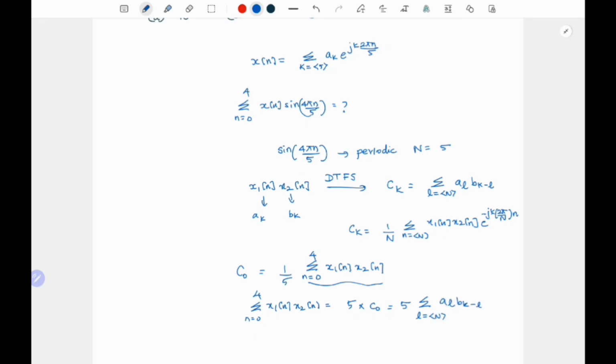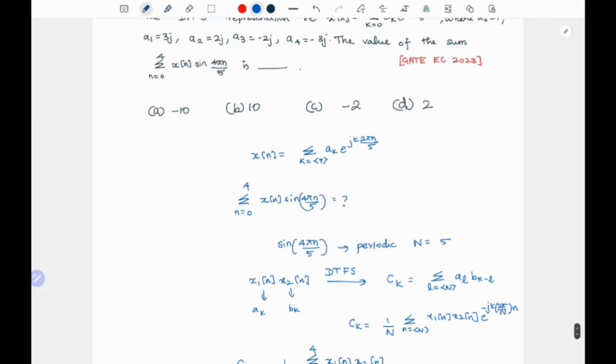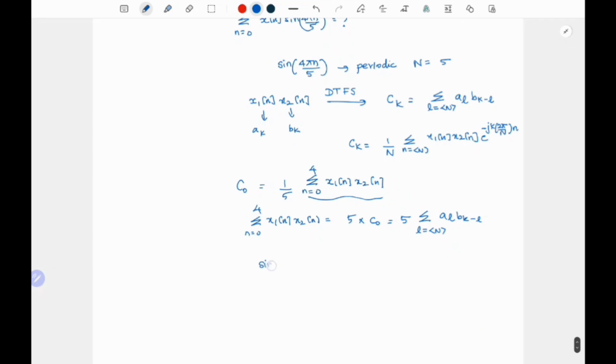And c0 is nothing but summation l over N Al Bk minus l. Okay. So now we already have Al here, right? We need to find Bl. So what will sine 4 pi n by 5 translate to? This is nothing but e power j 2 into 2 pi by 5 into n minus e power minus j 2 into 2 pi by 5 into n divided by 2j.